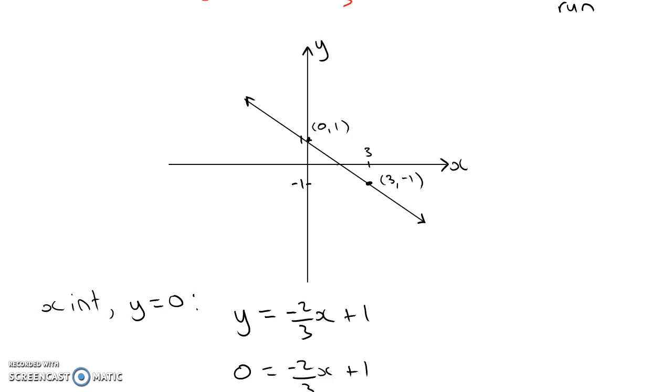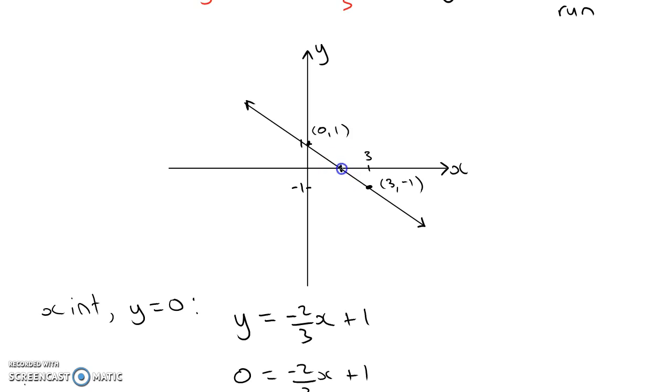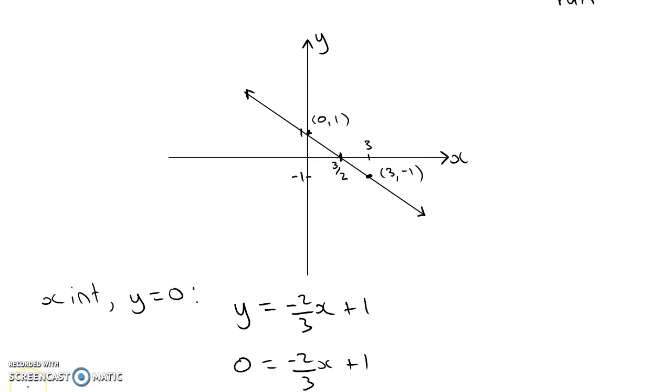So if we come back up here, we know that this point here is 3/2, or 1.5. And that's all the information that we've been asked to show on this graph. We've got the y-intercept and the x-intercept, and we put it in the gradient intercept form, so we showed the gradient there as well.